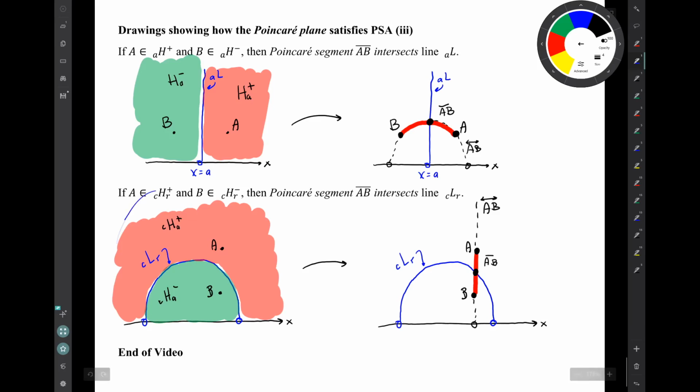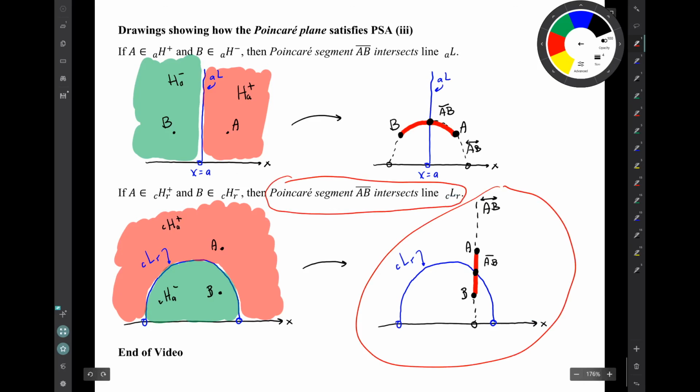So there on the left you see a drawing of the hypothesis, the statement that A is in Poincaré type 2 half-plane with a plus, and B is in the corresponding Poincaré type 2 half-plane with a minus. And on the right, we see an illustration of the conclusion. This illustration on the right only includes the objects that are mentioned in that conclusion. We can see segment AB intersecting this line, and the intersection is highlighted by the fact that I've drawn that point at the point of intersection.